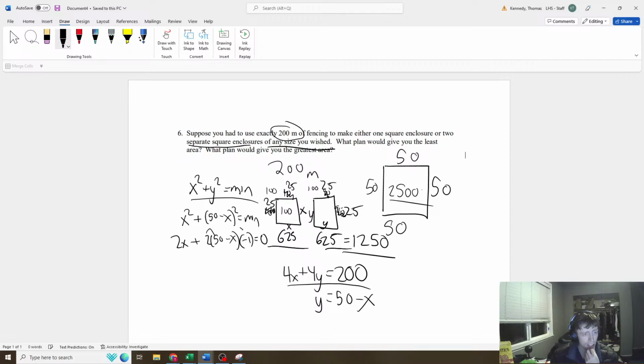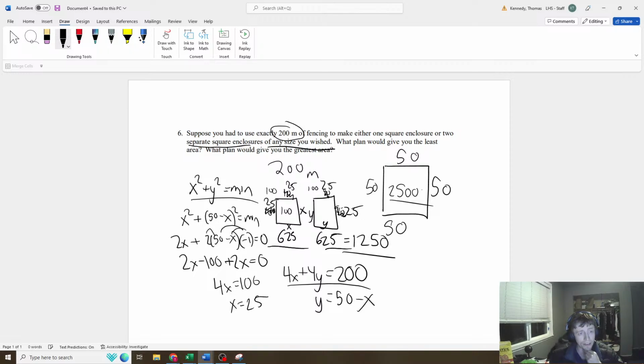I could distribute -2 to both of these things and get 2x minus 100 plus 2x equals 0. And if you're super savvy at this point, you realize 4x equals 100, x equals 25.